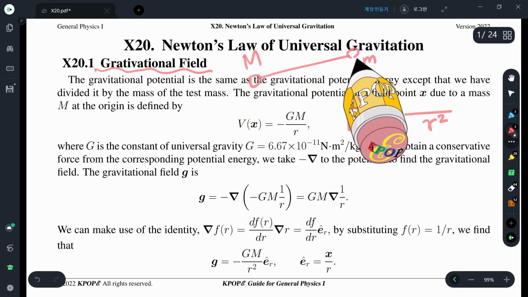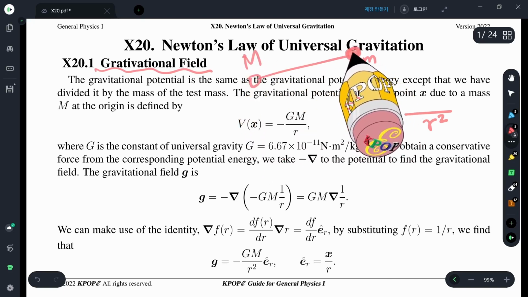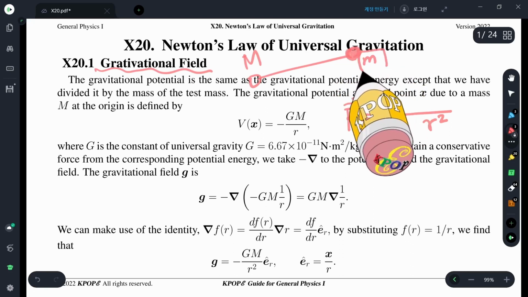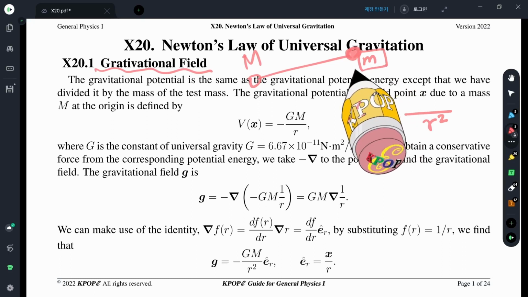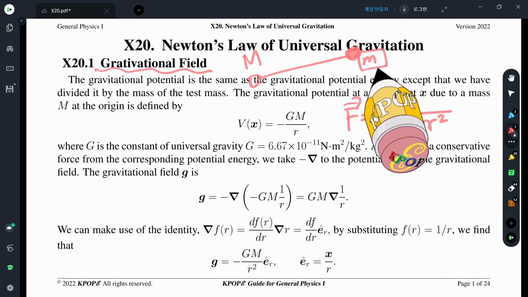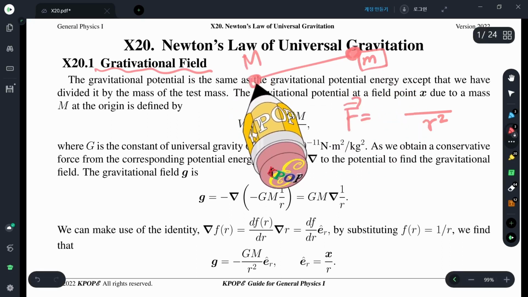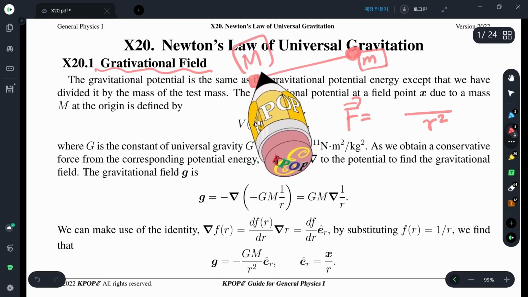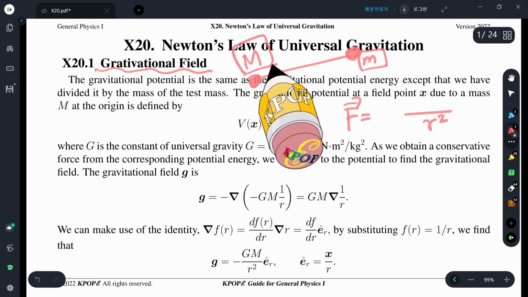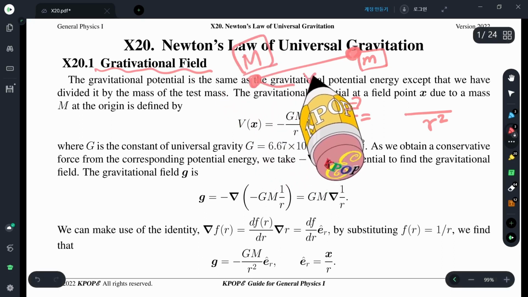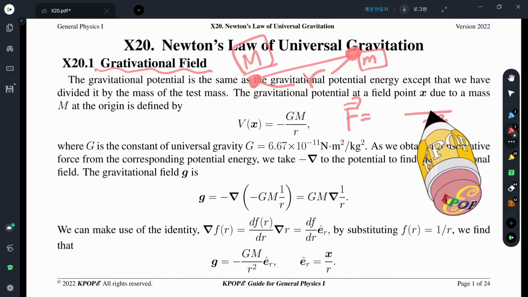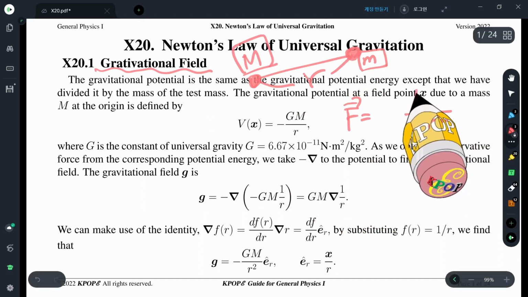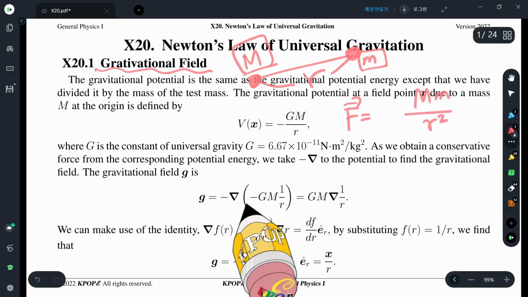So if we consider the gravitational force applied to an object with a small mass m, by another particle with the mass capital M, separated by the distance r, it is proportional to 1 over r squared and the product of the two masses.